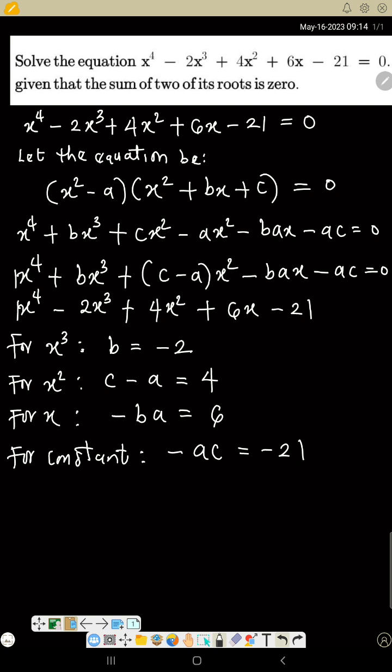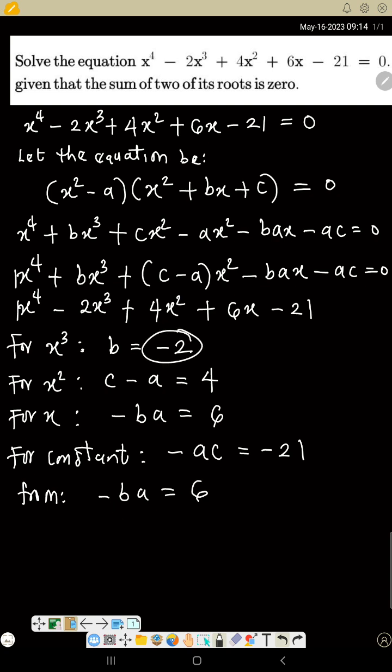So with all these expressions, we already know that b is minus 2. So from this equation, we can find a. Just follow the relation: minus ba is equal to 6.